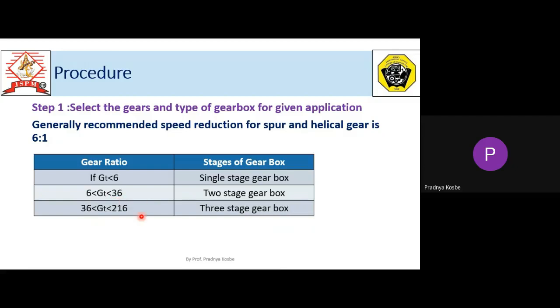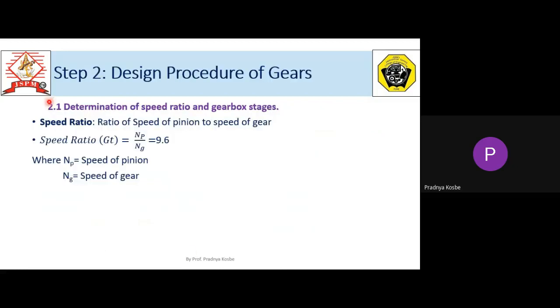So a two-stage gearbox is required for this particular application. Then, step 2: once decided that it is a two-stage gearbox, we have to design the gear pair.